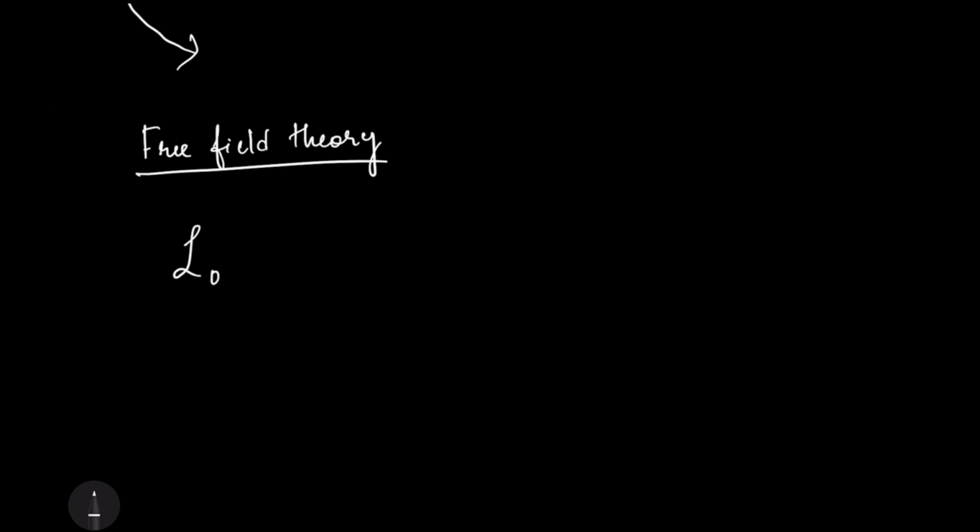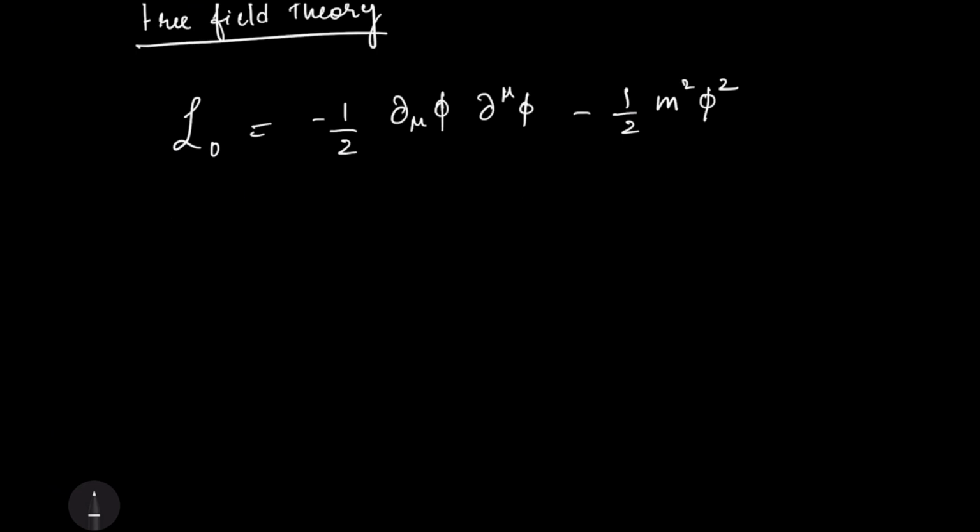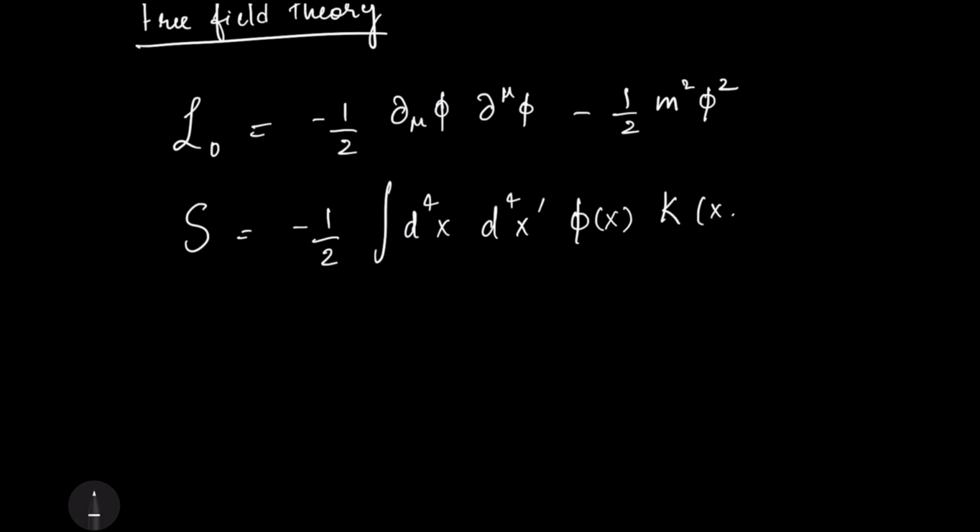The Lagrangian in a free scalar field theory can be written as minus half partial mu phi partial mu phi minus half m squared phi squared. So here the Lagrangian is almost identical to the harmonic oscillator, and the action is minus half integral d^4x d^4x prime phi of x K x x prime phi of x prime.